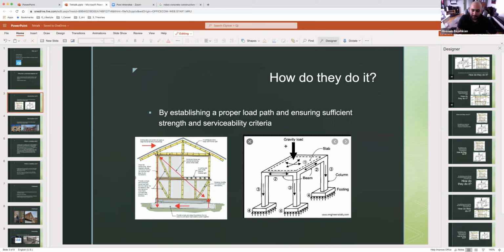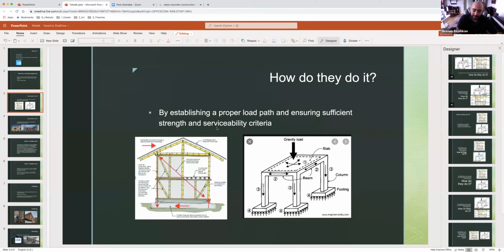But basically the idea is to make sure that any load has a safe path until it gets to the ground. And if we were going to put our job in a nutshell, we just want to make sure that's happening and it has sufficient strength and serviceability criteria.